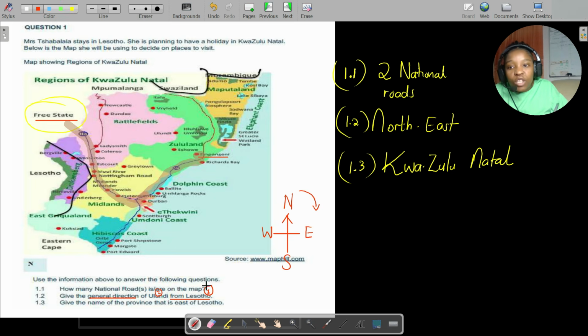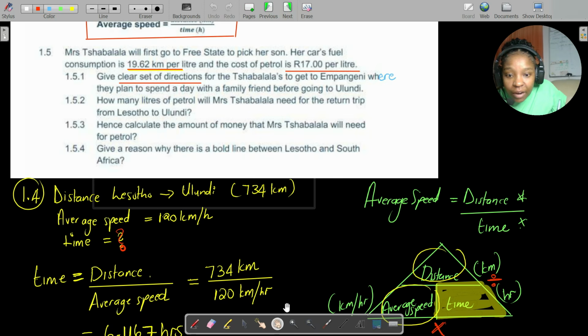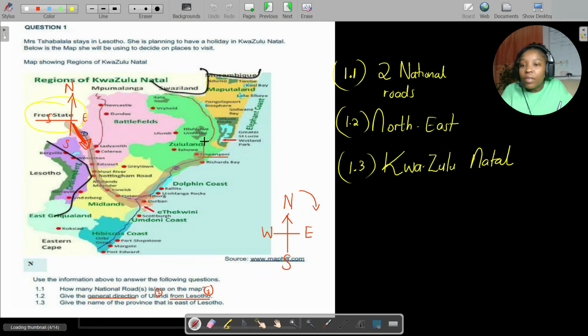So now let's give a clear set of directions, right? So we'll say that from the Free State, she's going to move in the southeast direction onto the N3. So she's going to get onto the N3 and travel along the N3 in the southeast direction.